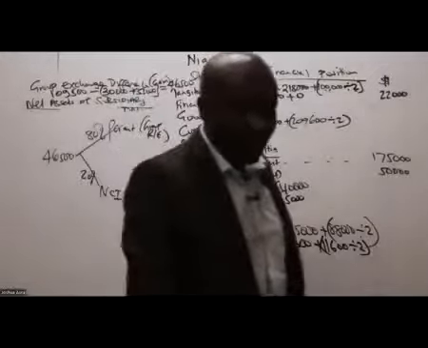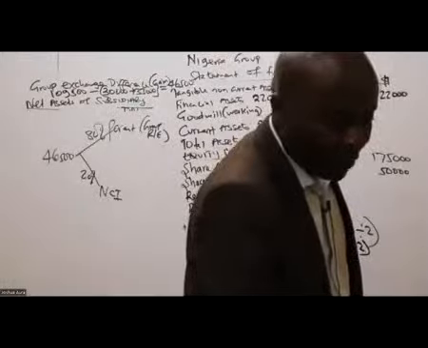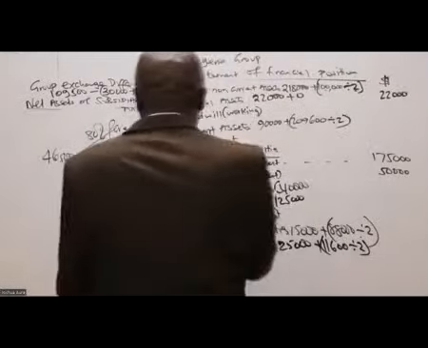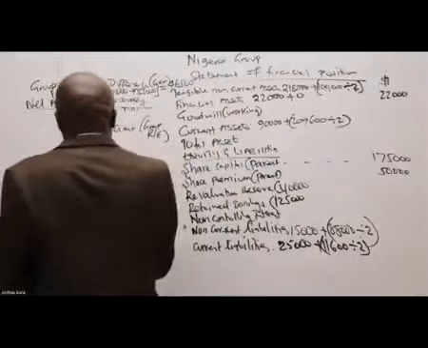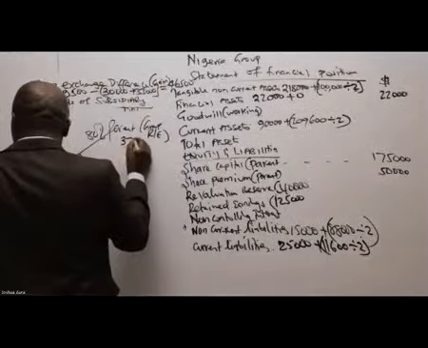I can see they have already given me the figure. The parent is 37,200.